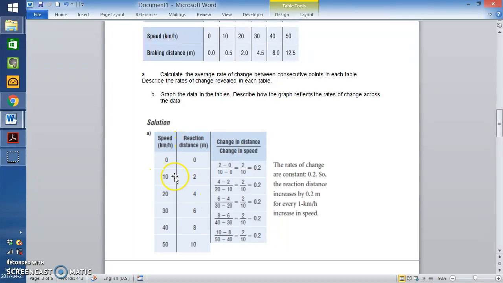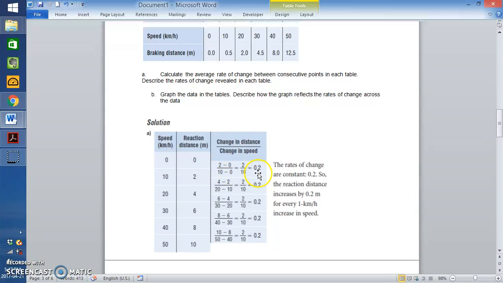How do we figure that out? For each 2 consecutive points, we're going to write or create the ratio change in distance over change in speed. So we're going to start from the second point, 2, and we're going to subtract the y values first, or the dependent variables first. So 2 minus 0 over 10 minus 0.